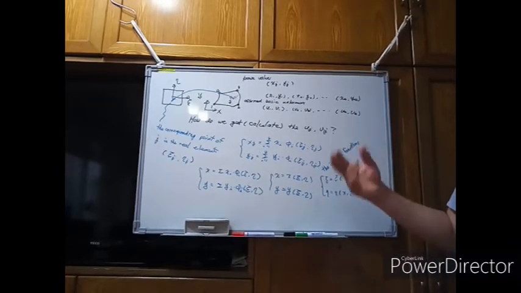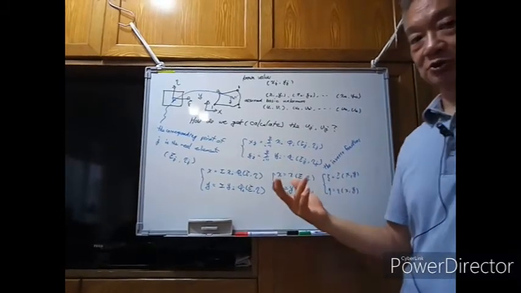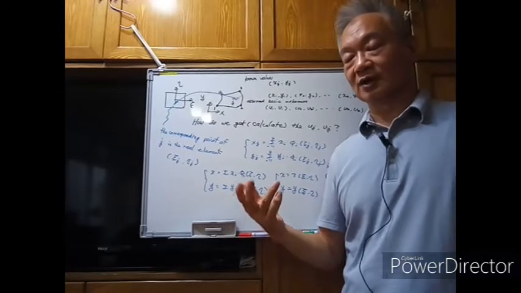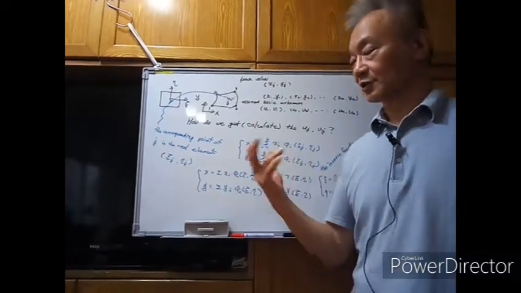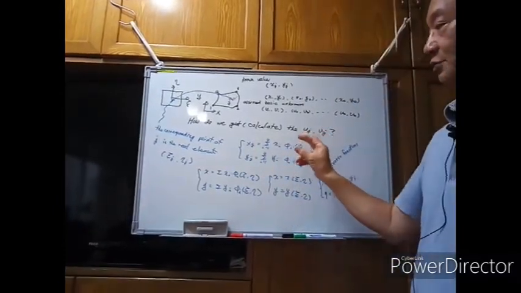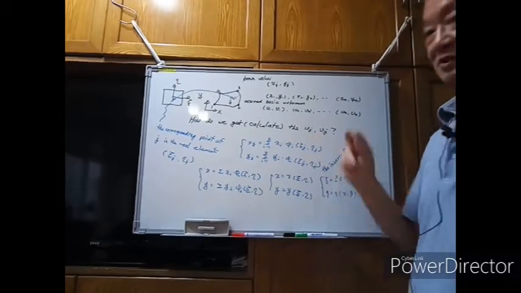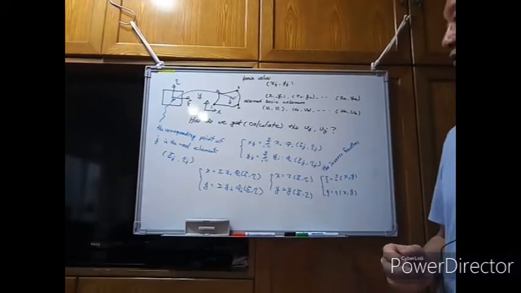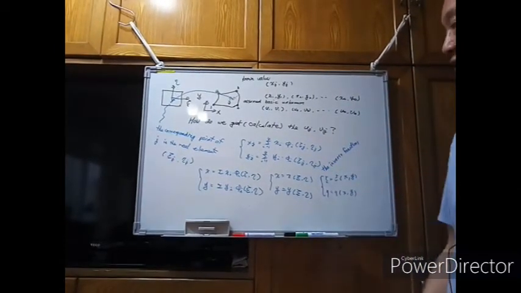Okay, so then I will introduce one numerical method which can help you find the xi j and the eta j. Okay, print the screen.